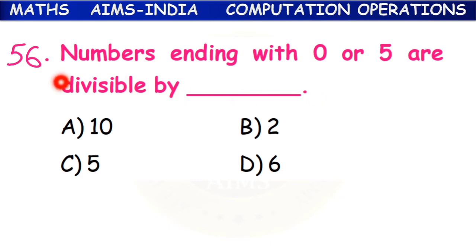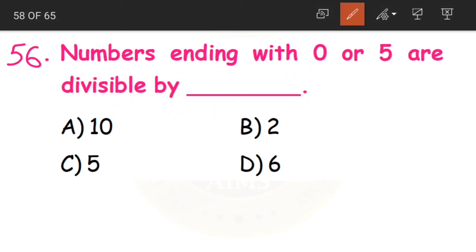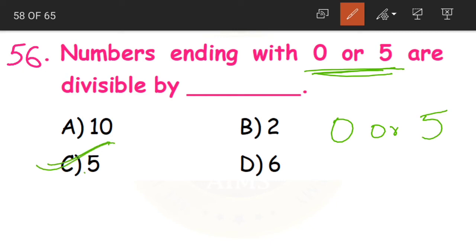Next question 56. Numbers ending with 0 or 5 are divisible by dash. We need to remember that numbers that end with 0 or 5 are divisible by 5. If you want, you can check the fifth table as well.